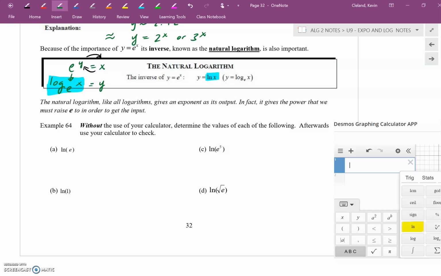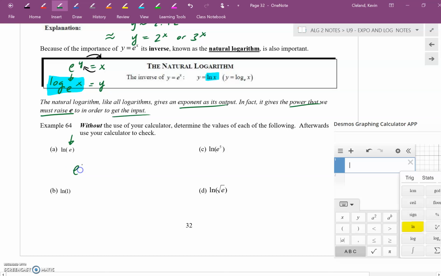The natural log, like all other logs, gives an exponent as its output. This is very important for this next part. In fact, it gives the power that we must raise e to in order to get the input. All right, so in this case, what is our input? It's e. So the question just becomes, what power do I have to raise e to get e?